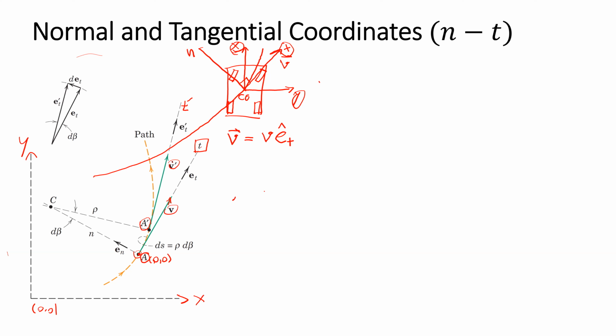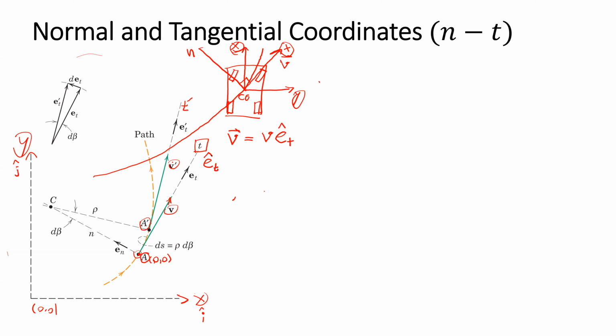And the unit vectors: before this, for the x and y coordinate, we had the unit vector i and unit vector j, right? For the nt coordinate, the unit vector belonging to the t direction is described by e with a cap and subscript t.